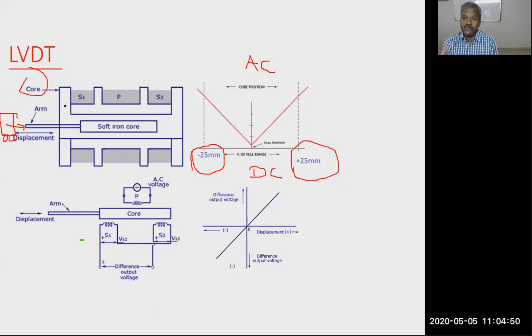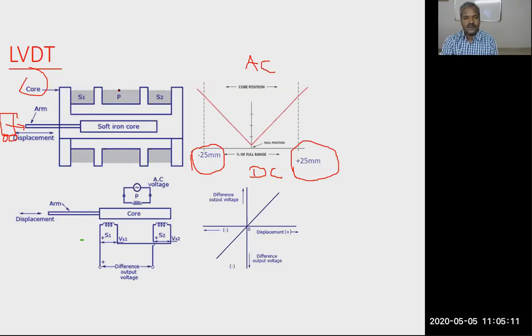This can be used for vibration measurement. The LVDT can also be used for acceleration measurement. We can connect this movable arm to the process where we mainly want to measure the displacement.